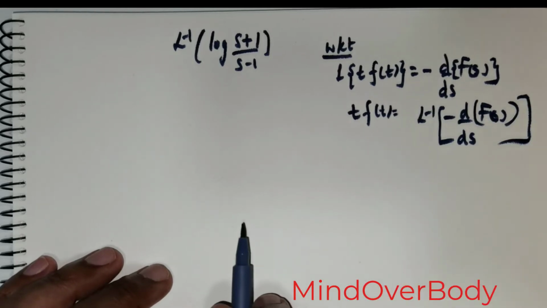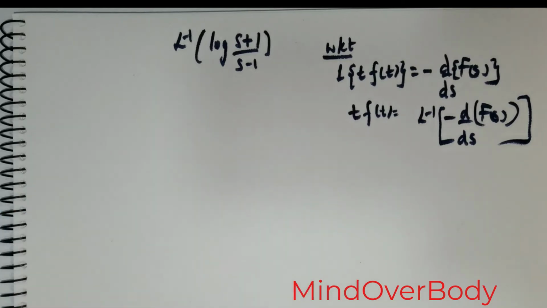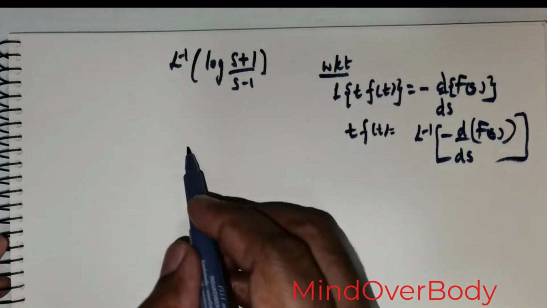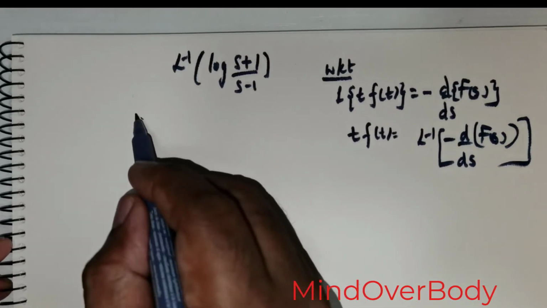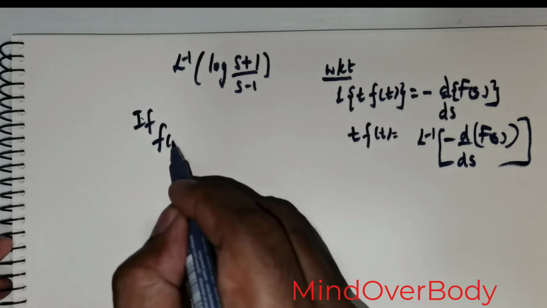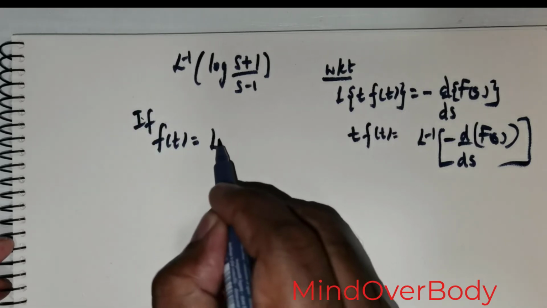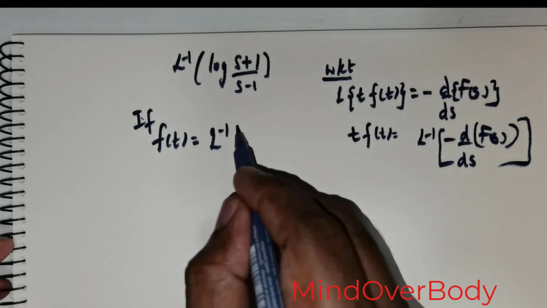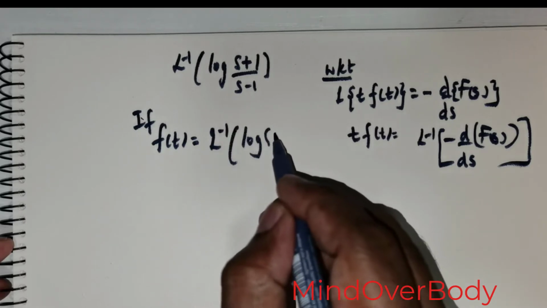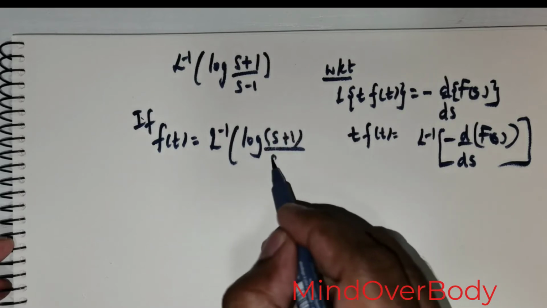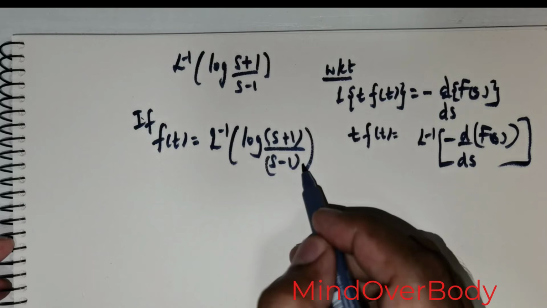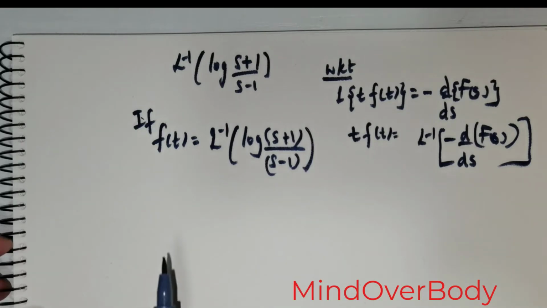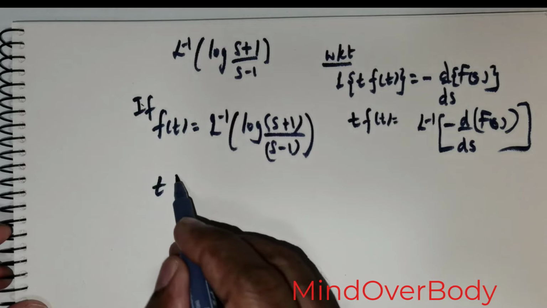You can clearly see that we are given to find L inverse of log of (s+1)/(s-1). So the question is, how are we going to bring in all of those things which we have seen? Foremost, we need to start out with this statement. If f(t) is given to be L inverse of log of (s+1)/(s-1), if I place a t on the left, this is going to be t times f(t).